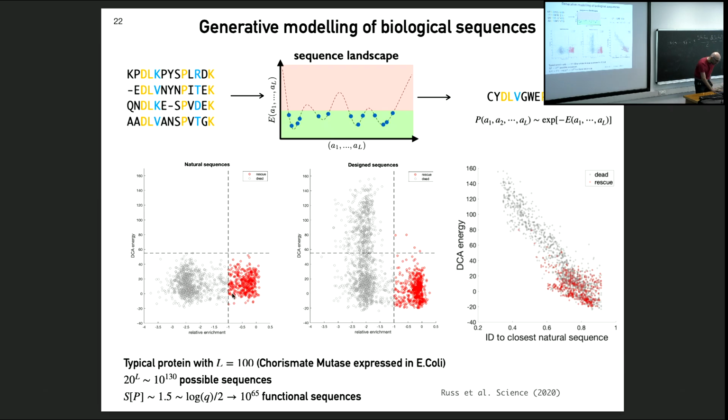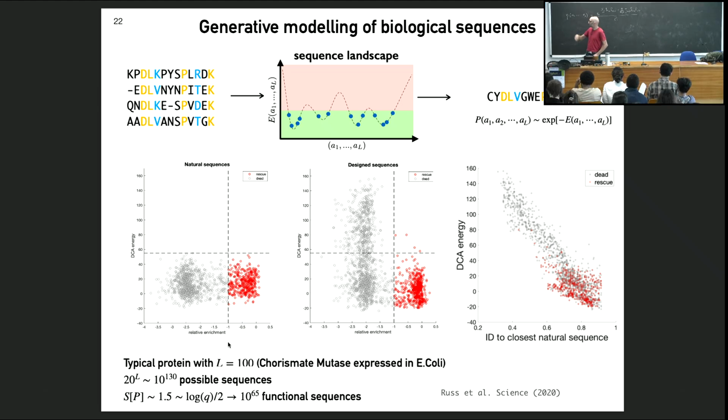If you make a histogram of this data, you see that it's quite bimodal. You see it from the scatter plot, but you see it better in a histogram. So they put a threshold here, and I'm not sure if it is 10 to the -1 or e to the -1, but it should be 10 to the -1, I guess. Below that threshold you say, okay, this mutant is not working.